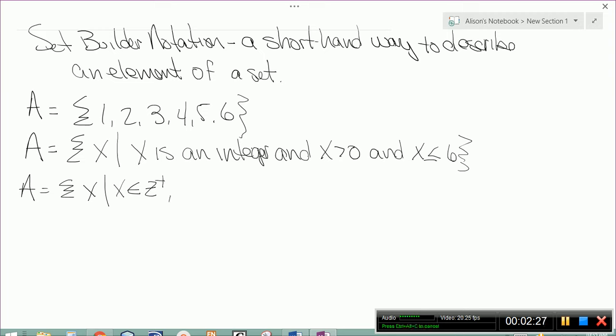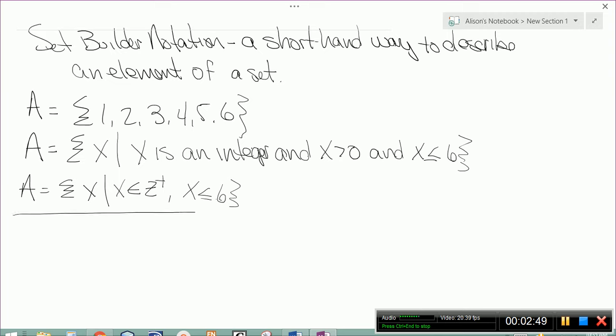And then I'm going to use a comma to separate it from the fact that I don't have to say that X is greater than 0. Because X is an element in Z plus, that means that it has to be a positive integer. So I'm just going to follow this up with X is less than or equal to 6. And this is another way that I can describe an element in A.